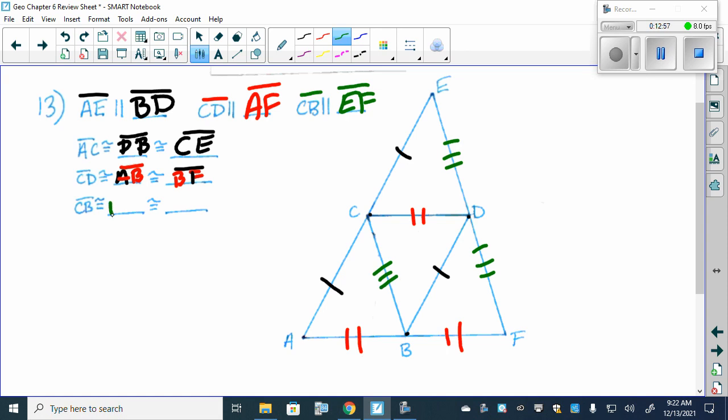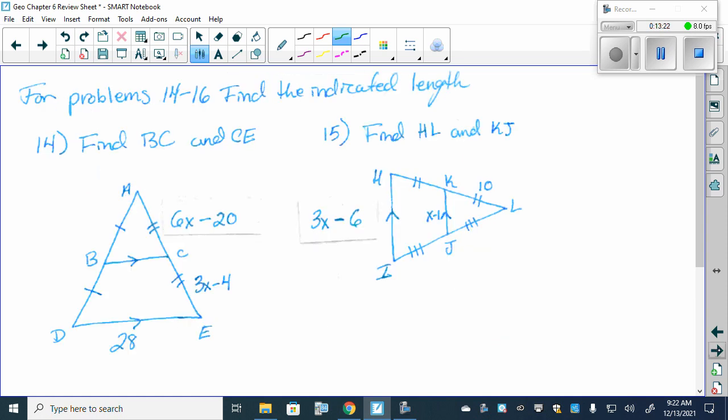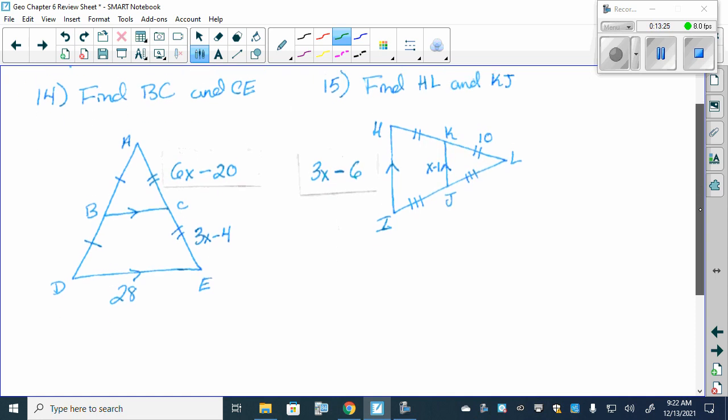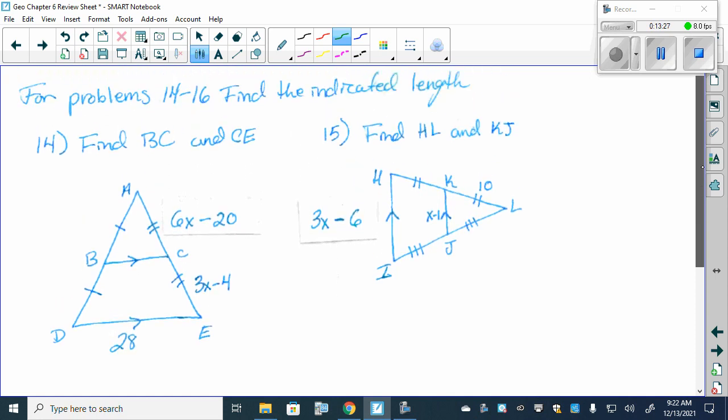DF and DE. Questions on this here? Which one do we want to look at? 15.